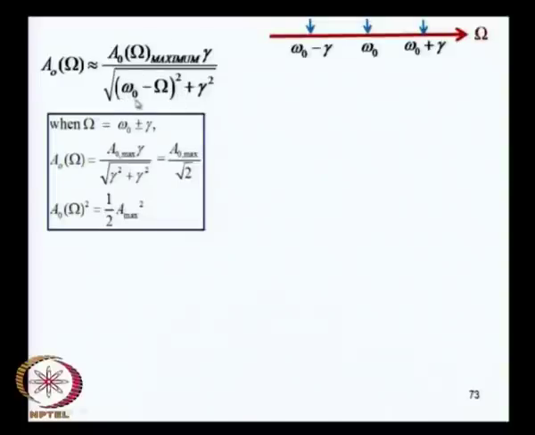So, that is the range that you are looking at, and if you stay within this range, then you can immediately see that close to the resonance frequency, within this range, the amplitude will diminish at the upper end and at the lower end, but it will not become lesser than by a factor of 1 over square root 2, okay, which means that if you look at the corresponding intensity, and the intensity goes as the square of the amplitude, the intensity will diminish away from the resonant frequency, but not by a factor of any more than a half.